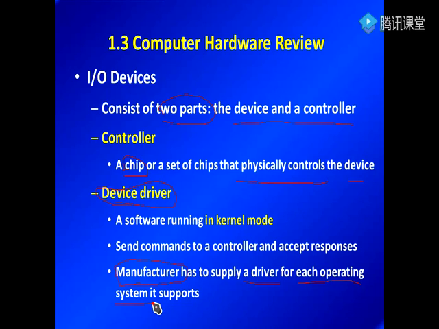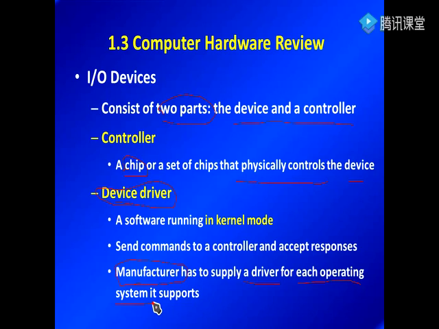And then the driver will be aware of what the operating system wants the device to do, what kind of data will be loaded into the computer, or what kind of data will be stored in the device.